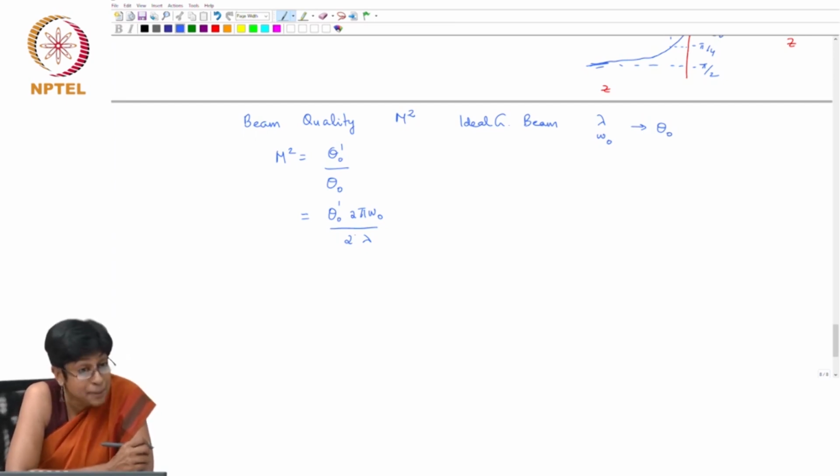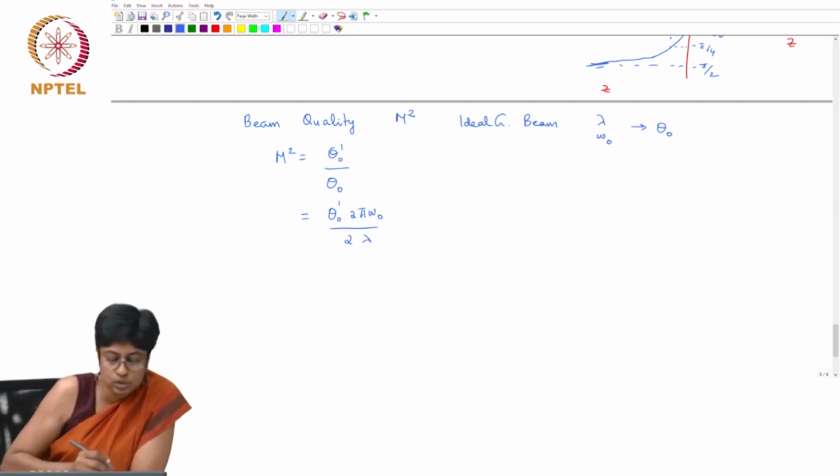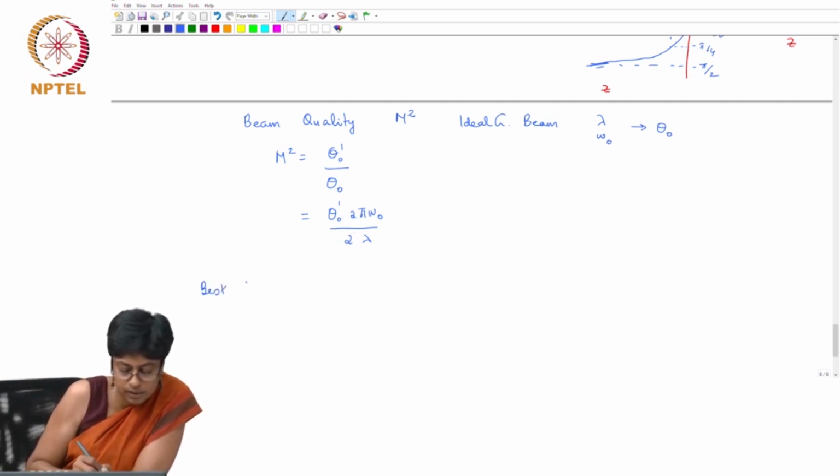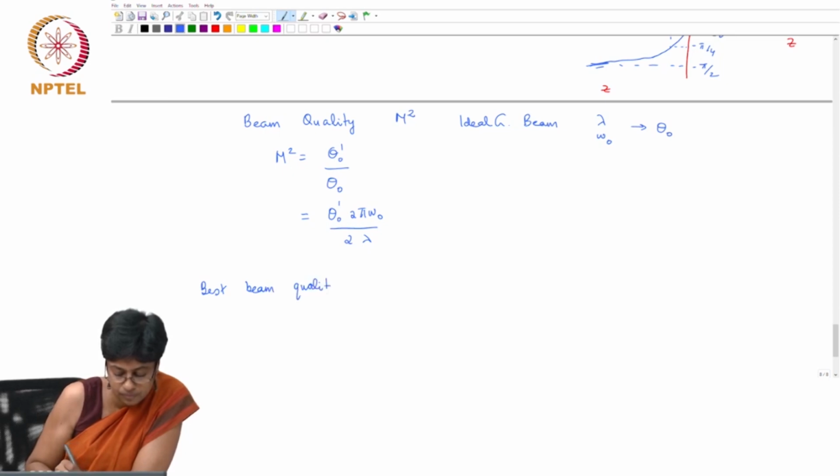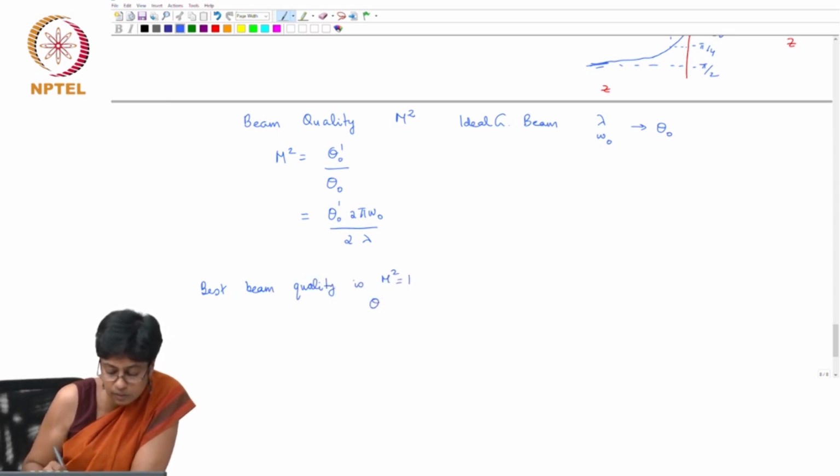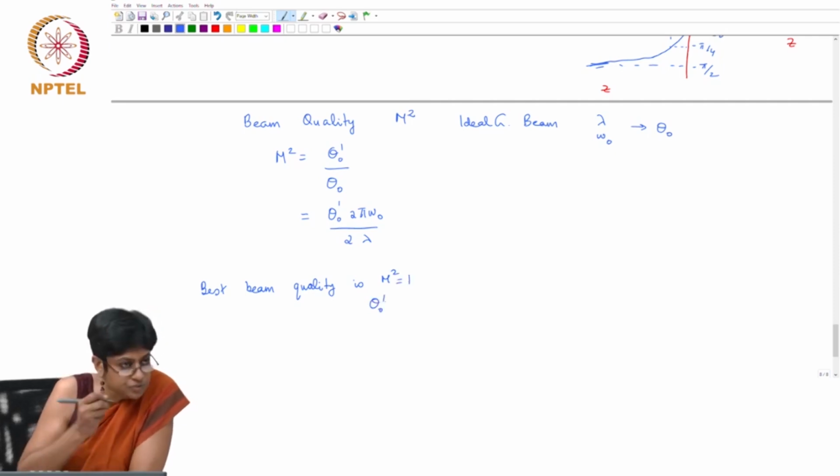Now, what's the best beam quality you can have? If I say you have the best beam, what will its M squared parameter be? 1. So, the best beam quality is M squared equal to 1. In other words, you're saying the divergence of this new source when compared to the other one are the same.